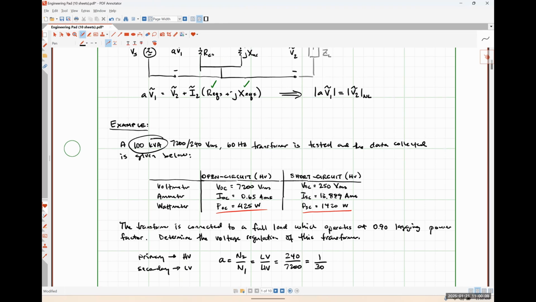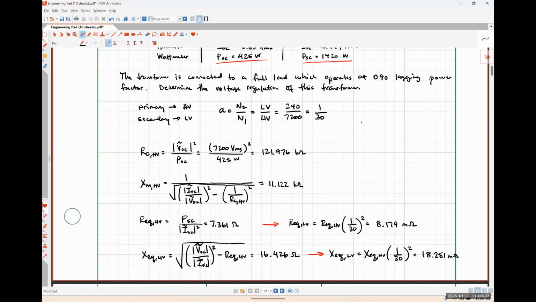It's the 100 kVA. That is our rated apparent power. So if our secondary of our transformer is delivering full load, it means it's delivering 100 kVA by definition. So we could do math if we wanted to, but I'm real lazy, so I'm not going to.